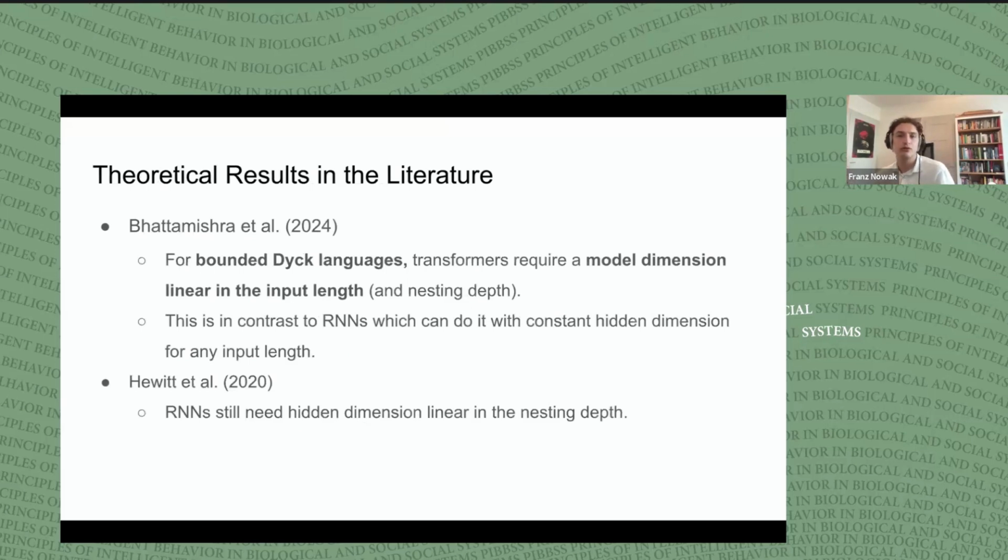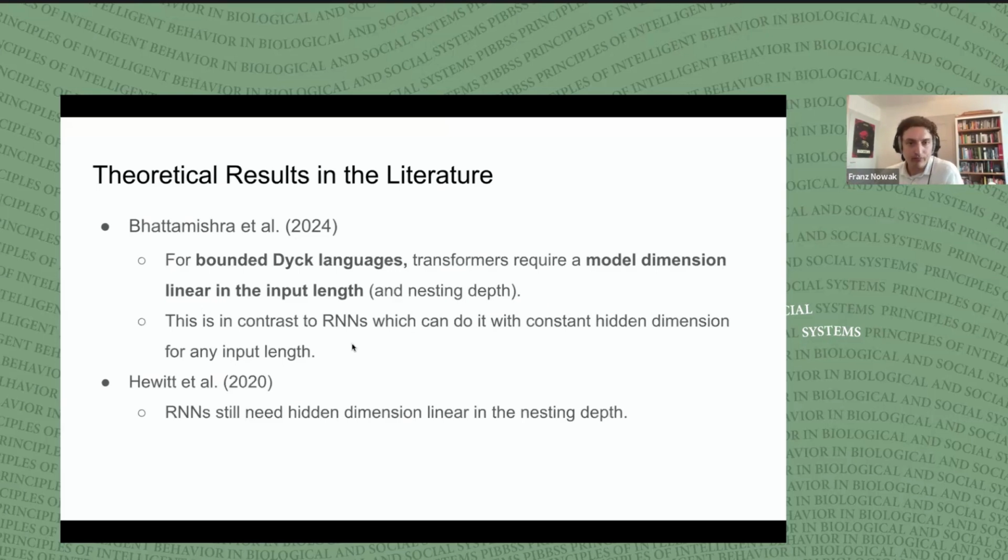And then for the theory of what transformers can represent, there was a study quite recently showing that for bounded Dyck languages, transformers have to grow in their model dimension linearly in the input length, and hence also in the nesting depth. So they can't just have a finite constant dimension and recognize bounded languages where the bound increases.